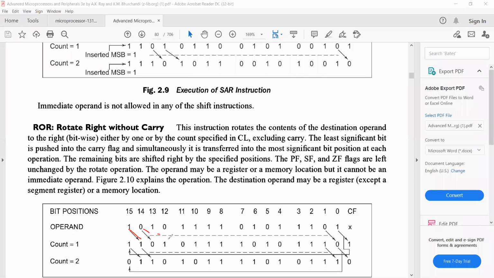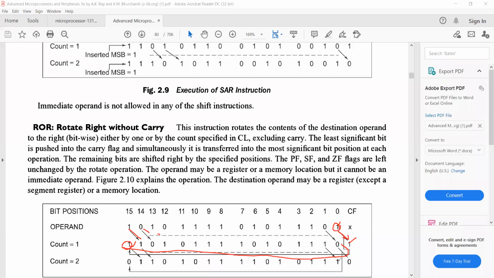We perform the shift operation, but this LSB bit, which is occupying the carry flag position, will also be rotated like this and occupy the MSB position. That means the LSB bit will occupy both the carry flag position and the MSB position.